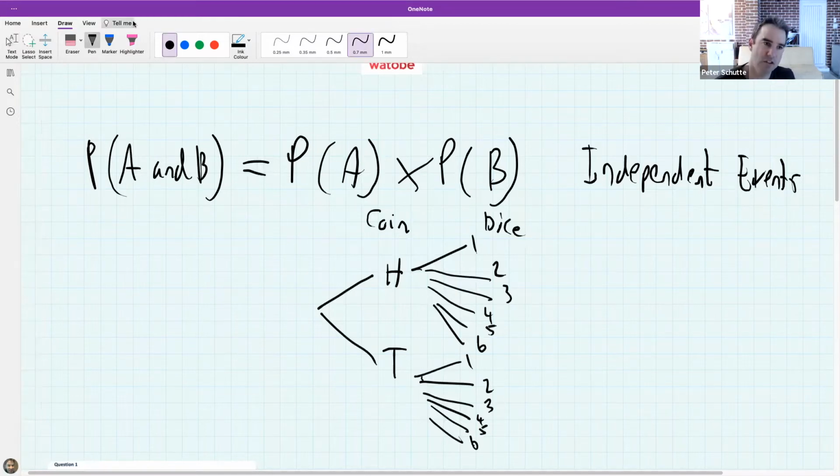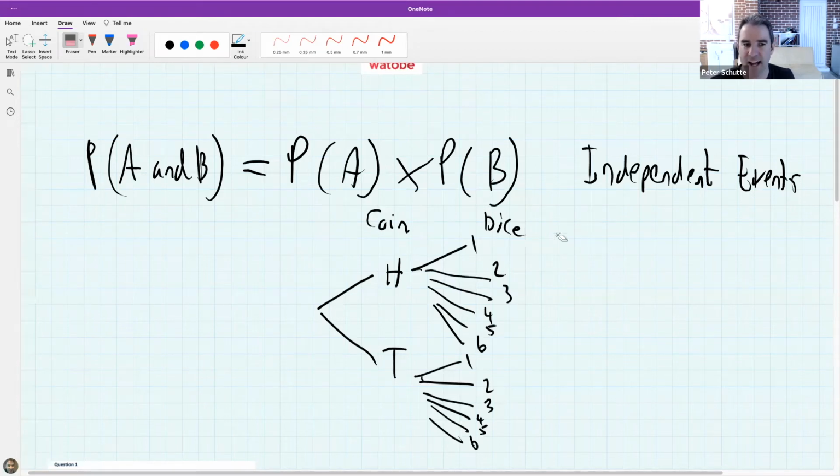I want to suggest that there are actually 12 possible outcomes. Look at the 12 branches of my tree. That would be heads 1, heads and then throwing a 2, heads 3, heads 4, heads 5, and so on. You can imagine I could do this 12 times.